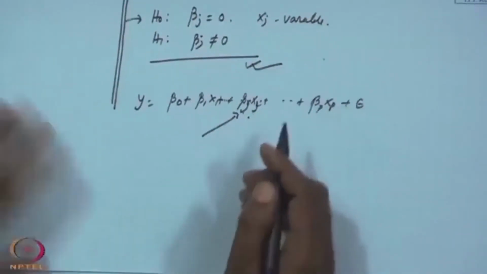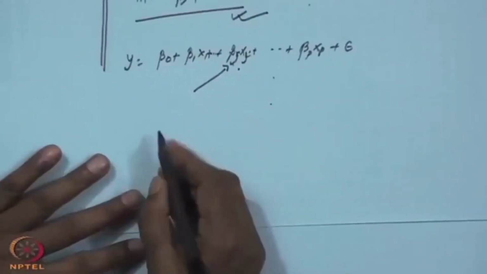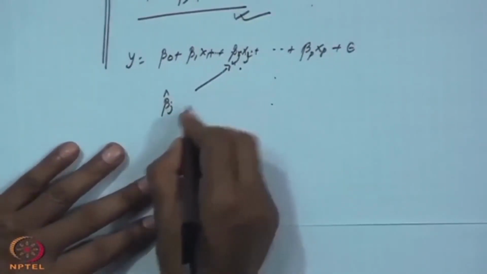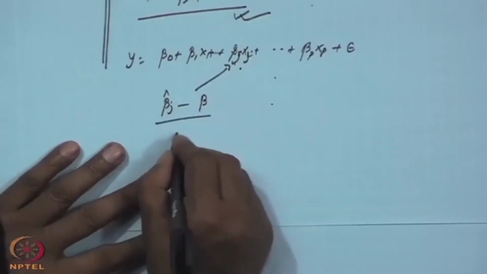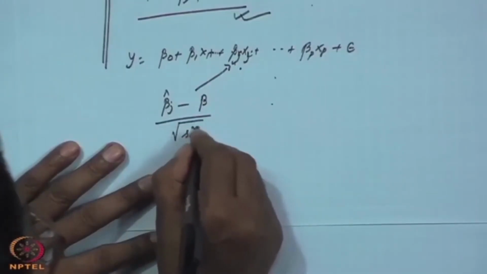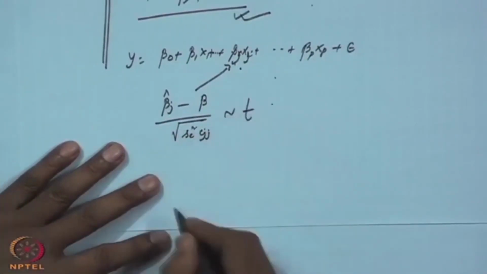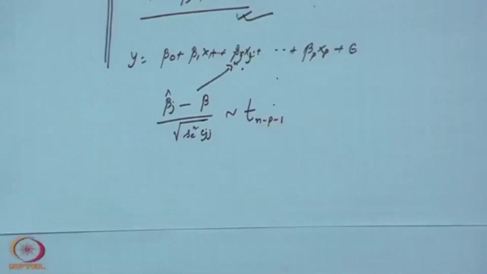Now, let us see what we are developing, the confidence interval part. So, beta j cap minus beta j divided by the square root of s square C j j will follow a T distribution with n minus p minus 1 degrees of freedom. Okay.